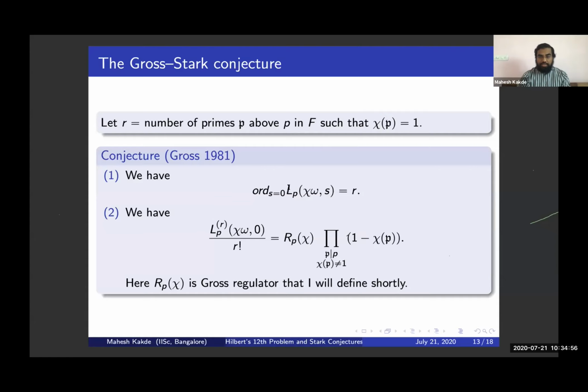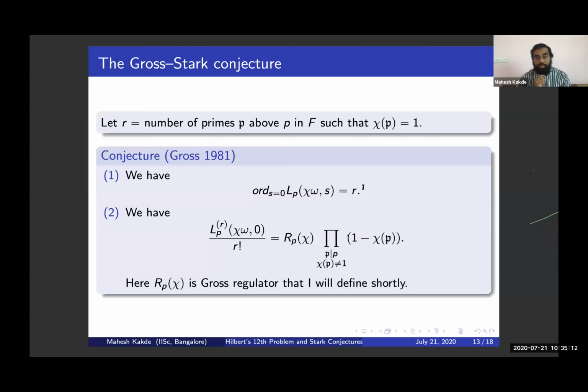So it's easy to show that whenever you have a prime like this, so whenever r is bigger than or equal to 1, L_p chi omega at 0 is 0. Anything finer is much harder to say.